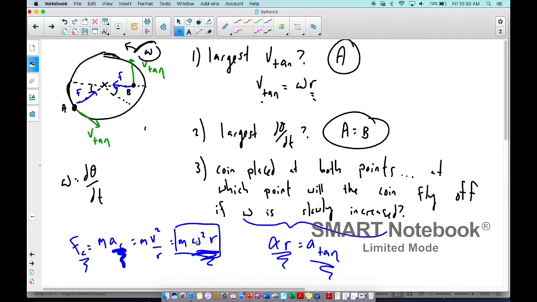A and B will always share the same omega. Even if omega is changing, it's going to change the same for both of them. So we're worried then about which one has a bigger r value. That's going to require a stronger centripetal force. That's going to require a bigger force of friction to keep the thing moving in a circle. A is going to fly off first.